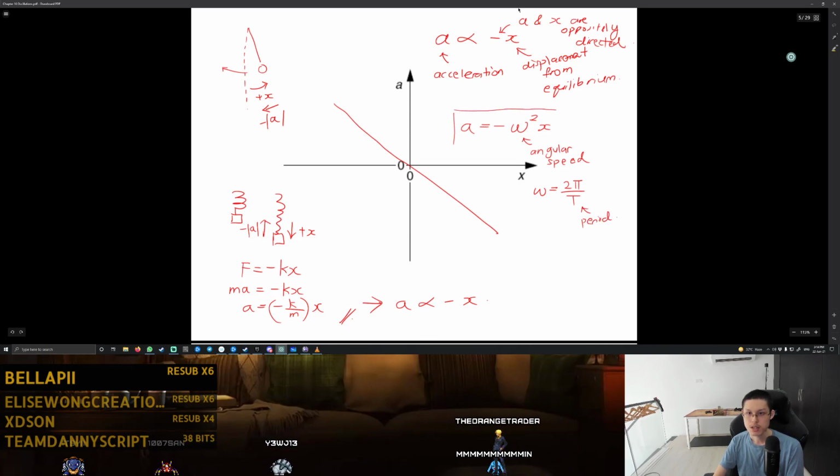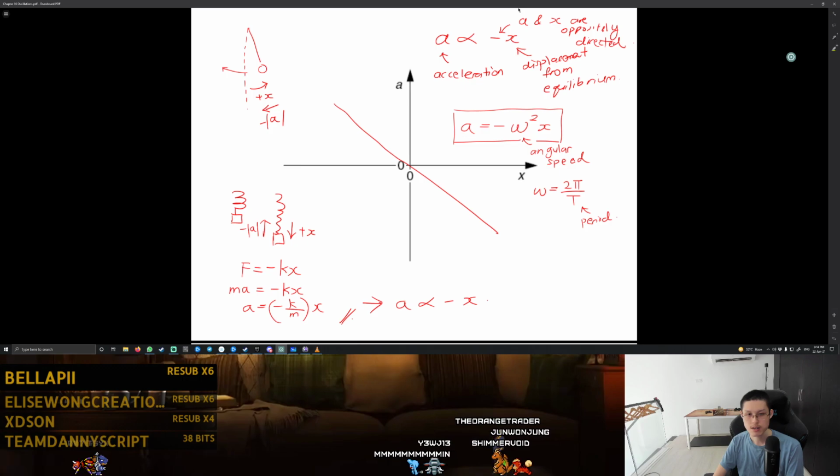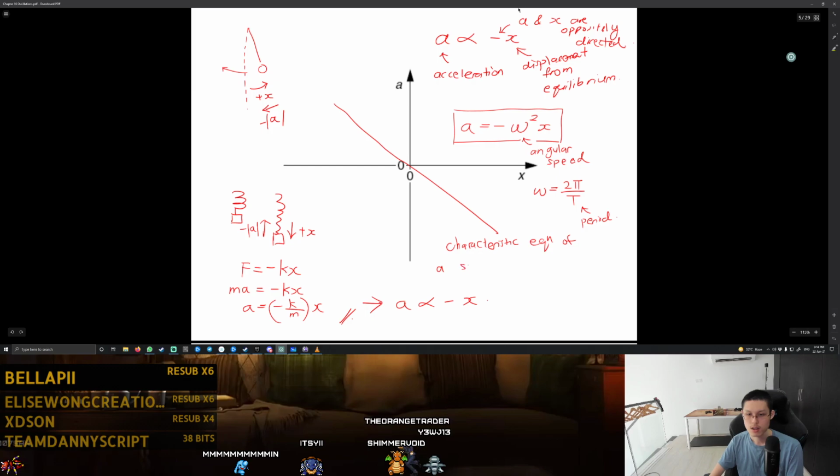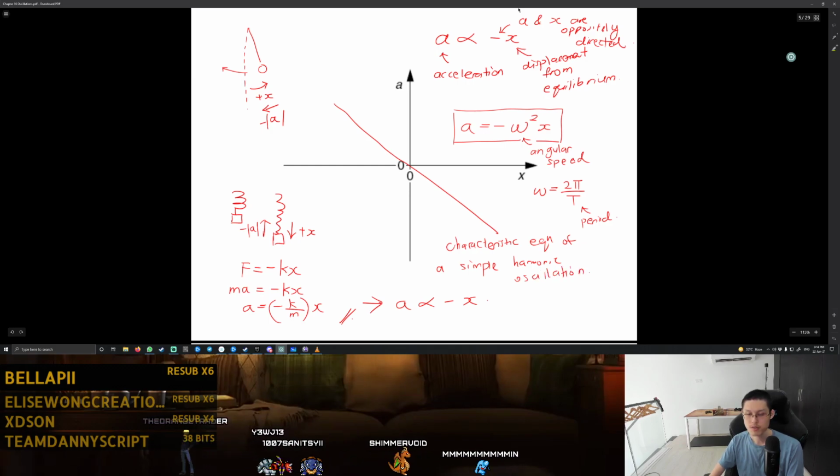So this equation is the characteristic equation of a simple harmonic motion, or simple harmonic oscillation, whichever you prefer.